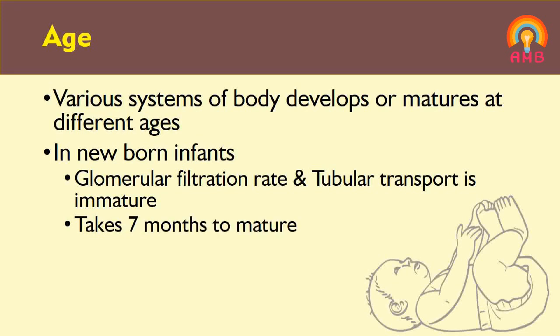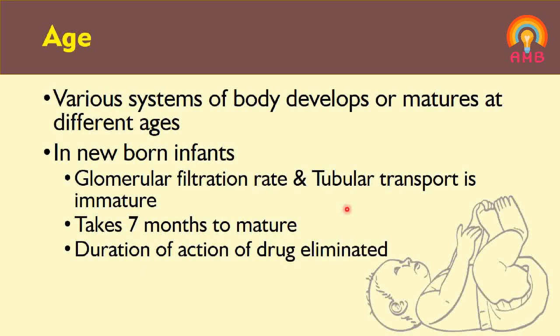Till then, if a drug is given, it may produce some consequences. So what are the consequences? Thus, the plasma half-life of drugs excreted by glomerular filtration and tubular secretion is prolonged. For example, streptomycin is eliminated by glomerular filtration and tubular secretion.